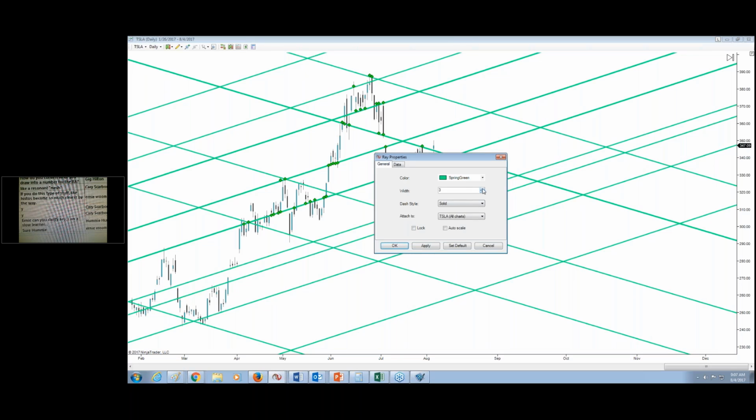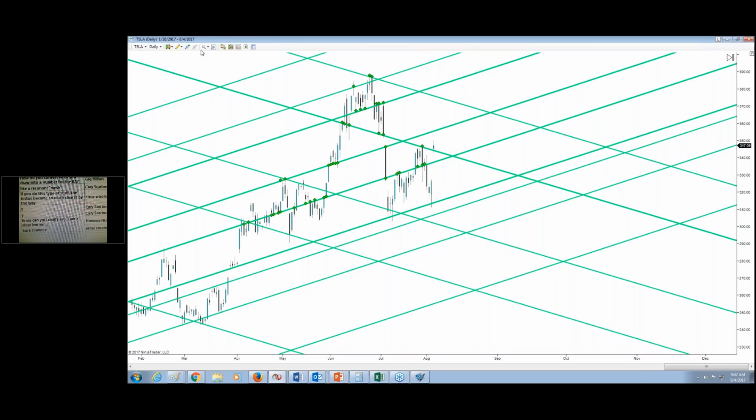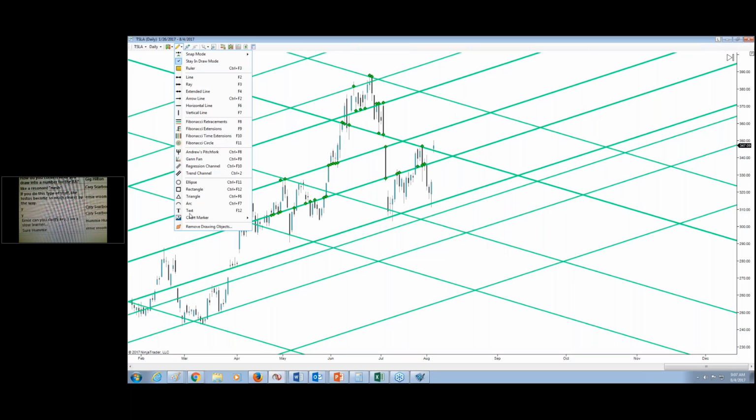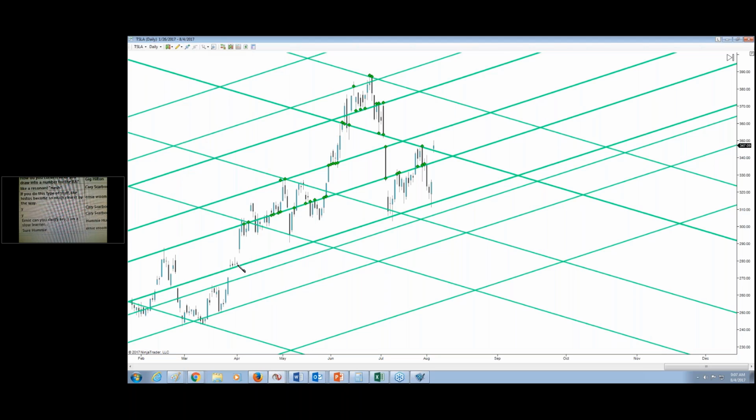I'm just going to make it thick, and we'll go put the evidence markers over here. 1, 2, 3, 4, 5, 6, 7. So if I was feeling froggy, I would move it just a little bit higher.